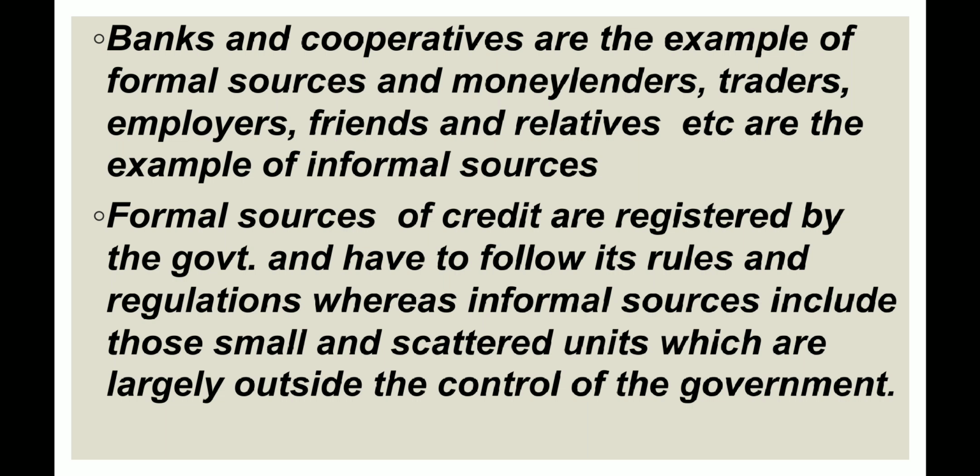Banks and cooperatives are the examples of formal sources, and money lenders, traders, employers, friends and relatives, etc., are the examples of informal sources. Formal sources of credit are registered by the government and have to follow its rules and regulations, whereas informal sources include those small and scattered units which are largely outside the control of the government.